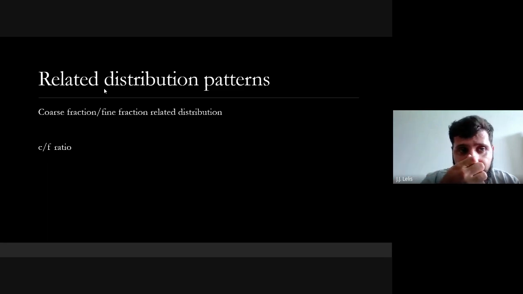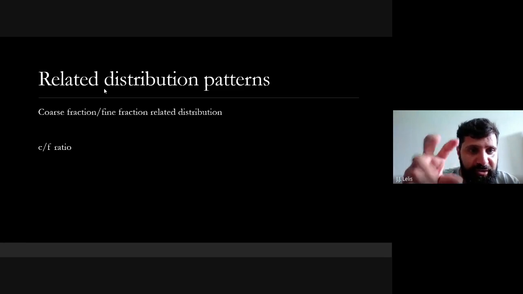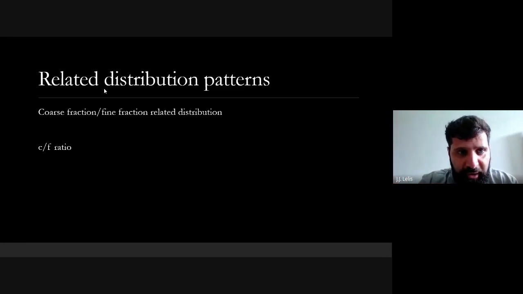In this case, the coarse fraction is one partial fabric and the fine fraction is the other partial fabric, and I can compare them, comparing the abundance and the distribution of the coarse fraction and the fine fraction. We call this related distribution the CF ratio. The CF ratio is the distribution of the coarse fraction and fine fraction in the thin sections.